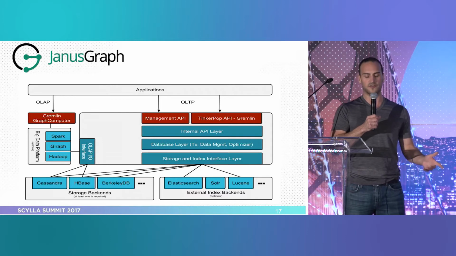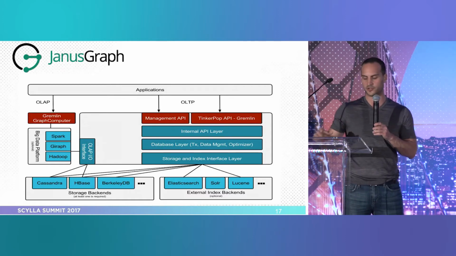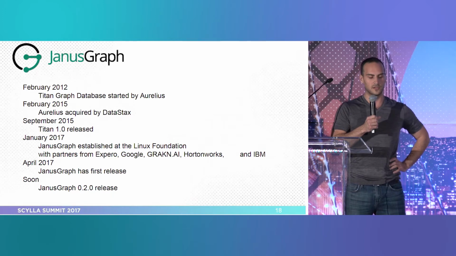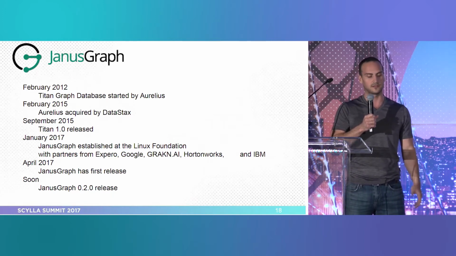And Janus Graph is pretty new, but the code behind it isn't. So there's a bit we should understand in history there to understand more about the project. So in February of 2012, which is like 5 years ago, we see that Titan Graph database was started by Aurelius. 3 years later, that was acquired by DataStax. A few months later, Titan 1.0 was released. And then we see that nothing happened to the Titan project after that in the open source world.